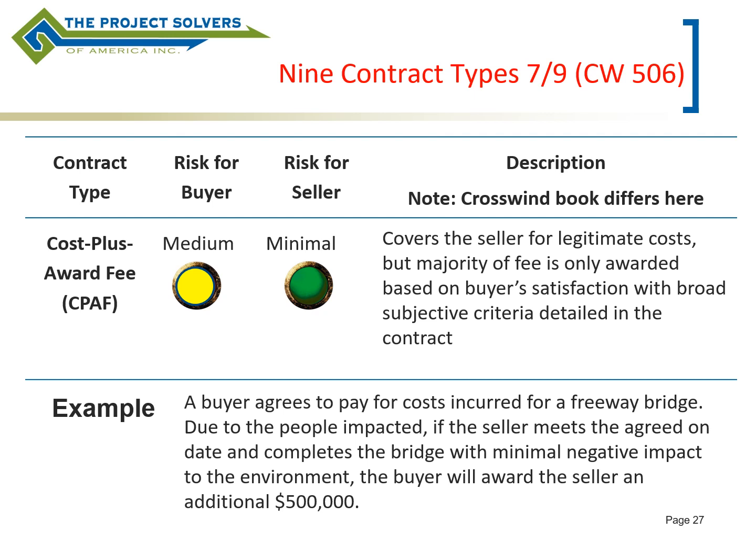So now the question is, how do you define minimal negative impact to the environment? The seller might think that they've done it, and the buyer might disagree. So with an award fee, you can't guarantee that you will get the award. It's a little riskier from your perspective because you don't know if you're going to get that award or not, because it's not an objective criteria.